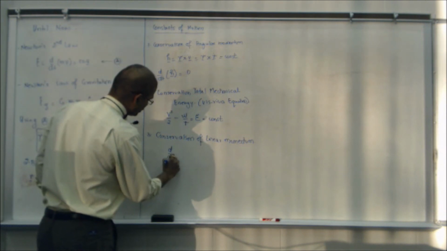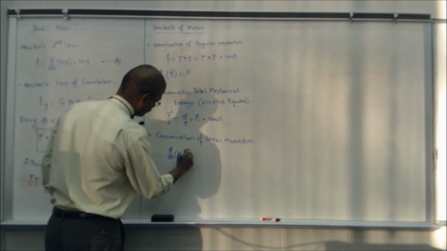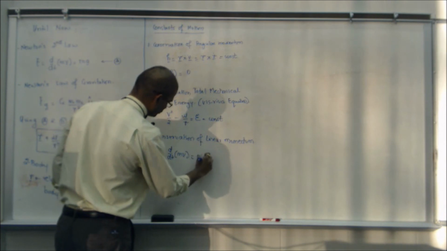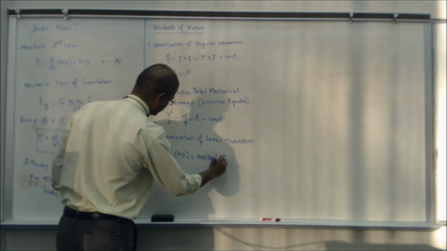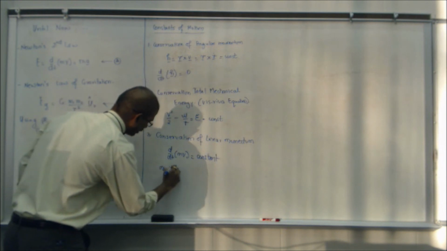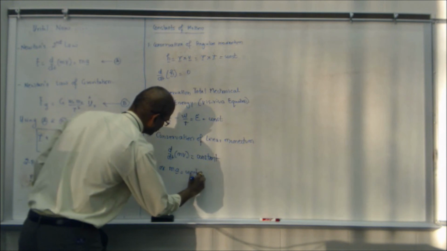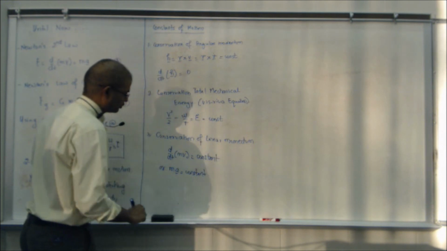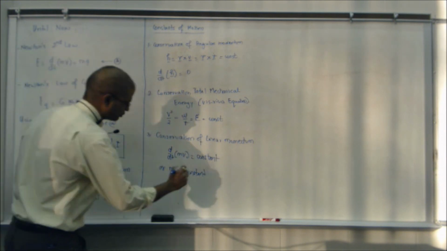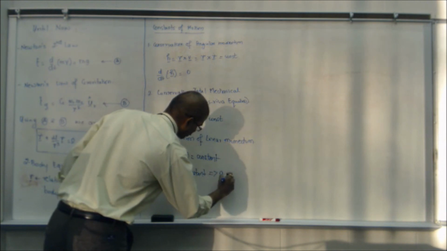So d over dt of mv is equal to constant, okay? Or m times a is constant, or a is constant.